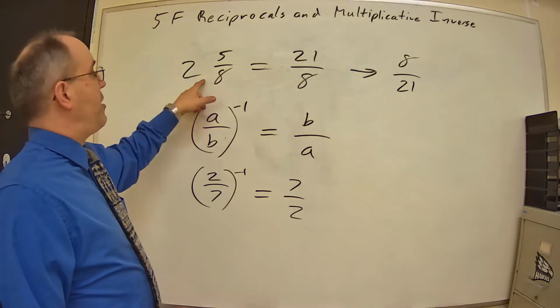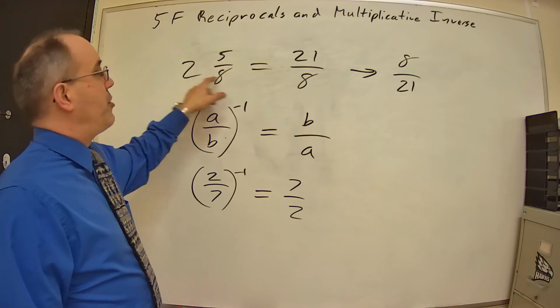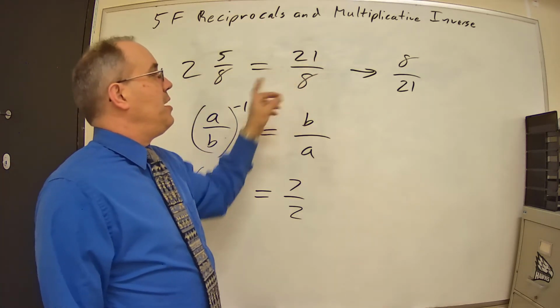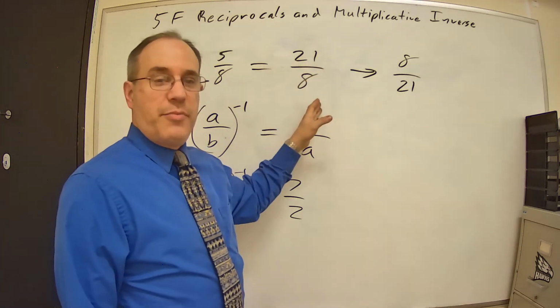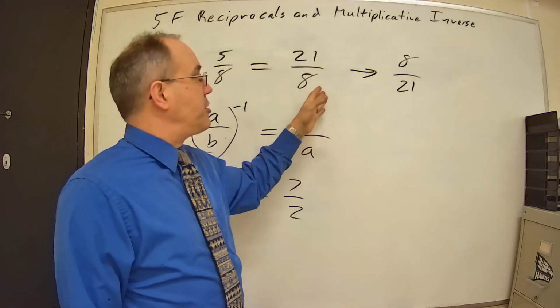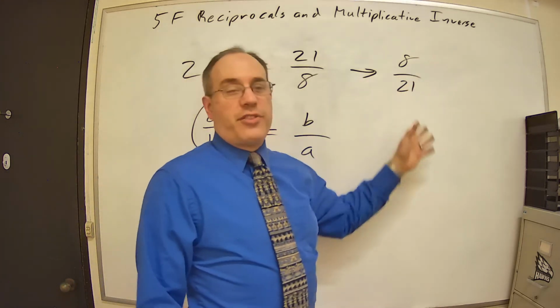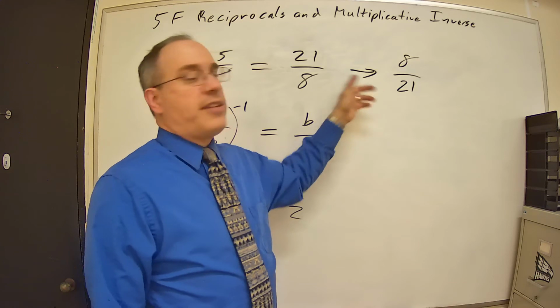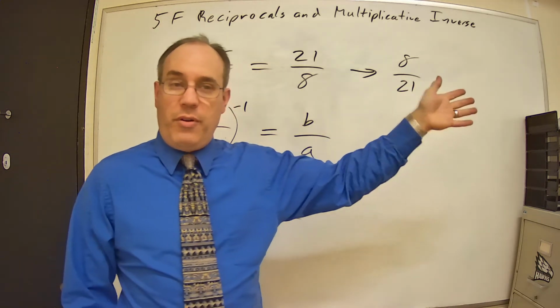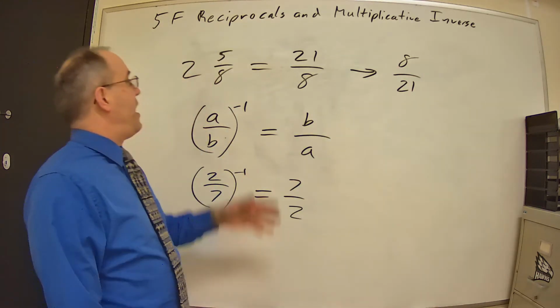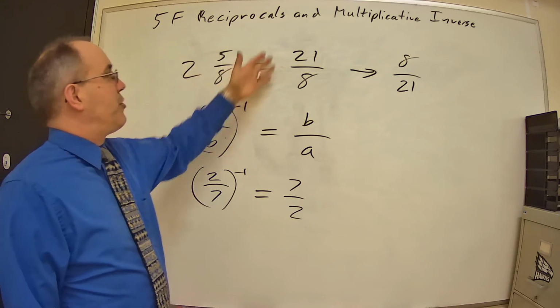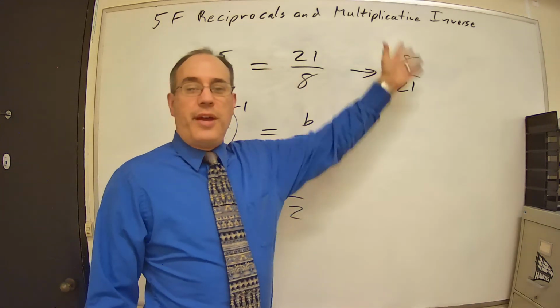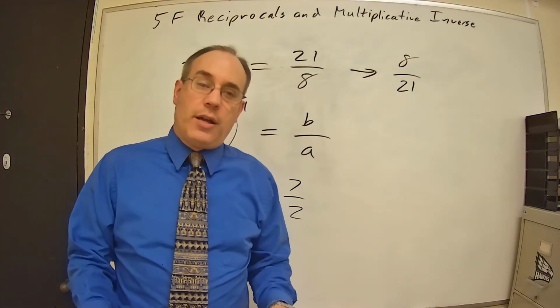Whereas you notice here, I took the mixed number, turned it into an improper fraction, and then I was saying, okay, if this is the mixed number, the improper fraction, then here is the reciprocal. So this was the process of turning it into a reciprocal. So don't say 2 5/8 is equal to 21/8 is equal to 8/21, because that'll be wrong.